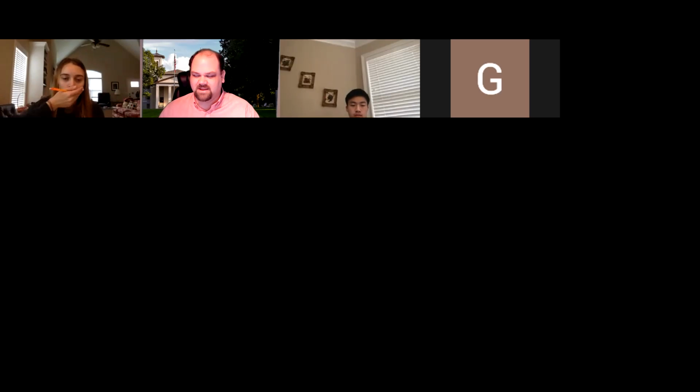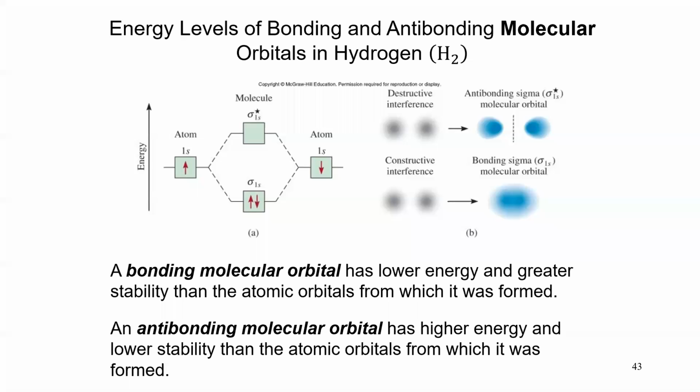So let's take a look then at molecular orbital theory and how that plays out and how it helps us to talk about bonding in a slightly different way.